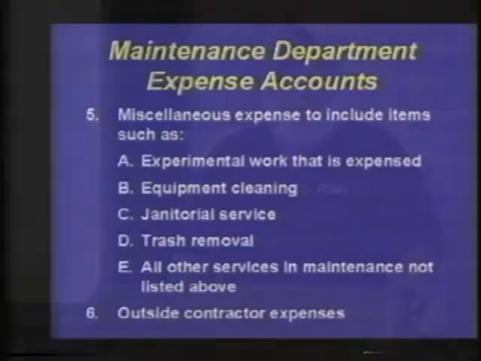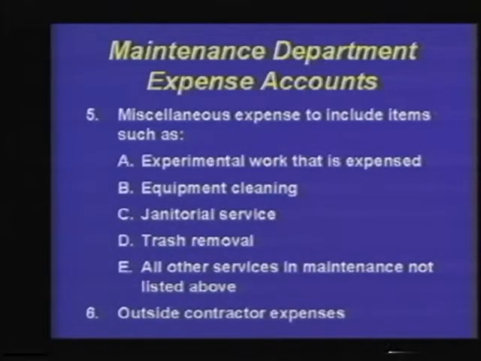Item 6 would be the outside contractor expenses, and these costs, as you can see, are over and above some of the previous cost and expense accounts that we have listed in page number 3.